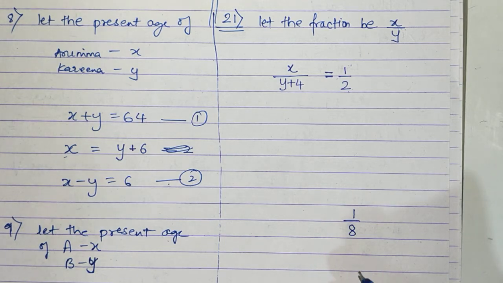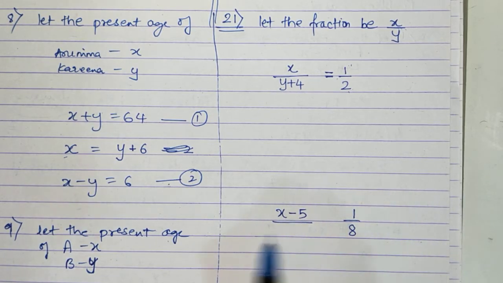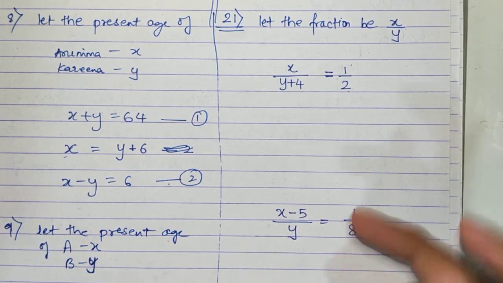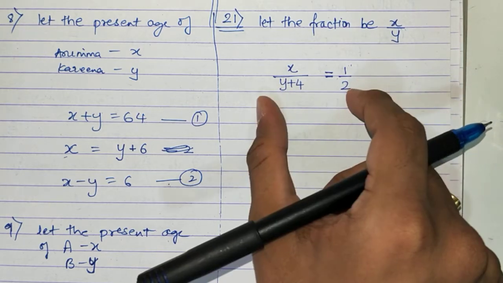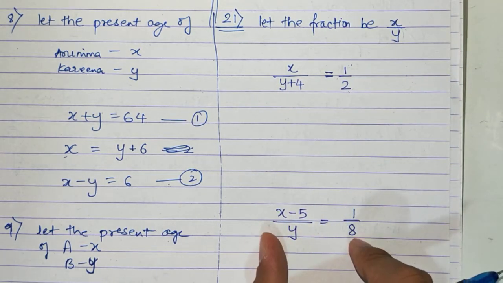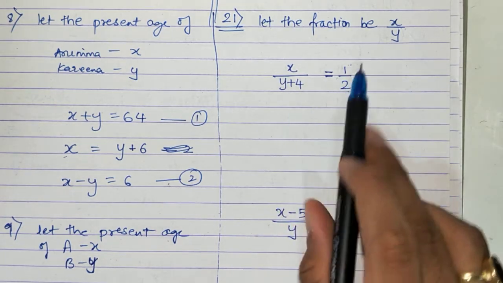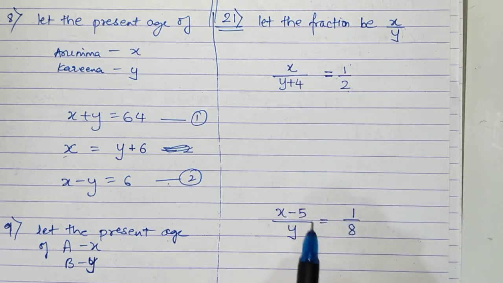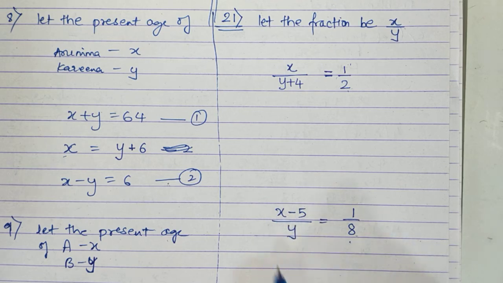So the numerator is reduced by 5, and this time they have kept the denominator as it is. You have to understand, in the question they will give you 2 pieces of information separately. They were not combined with each other. They are saying the fraction becomes 1 upon 2 when the denominator is increased by 4, and it becomes 1 upon 8 when the numerator is diminished by 5.